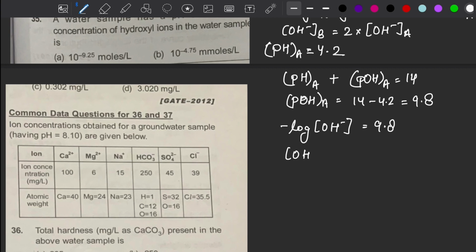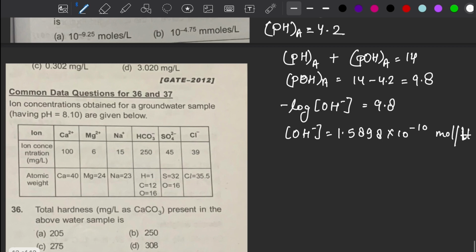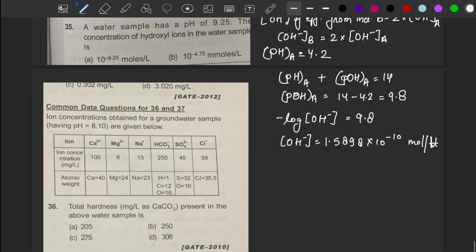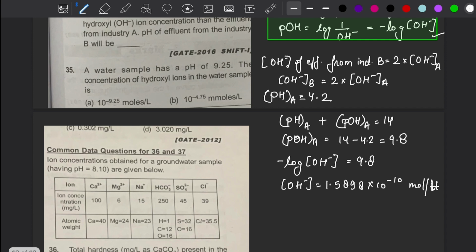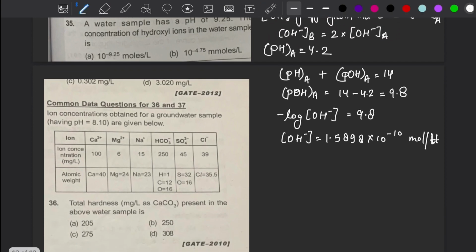Now OH minus concentration is nothing but, we can take antilog on both sides. So it is equal to 1.5898 into 10 to the power minus 10 mole per liter. This will come in mole per liter. Now we know that they have already said that OH minus concentration of B is 2 times OH minus concentration of A, right?